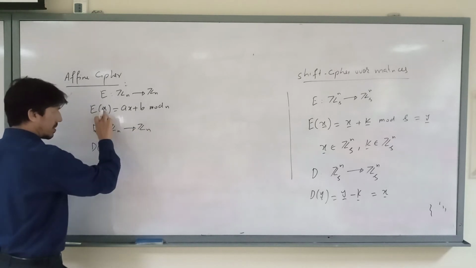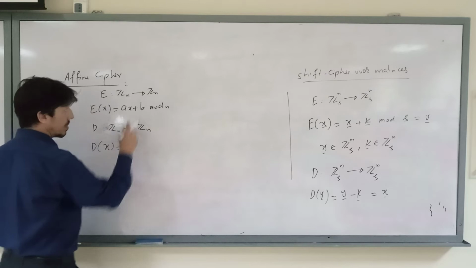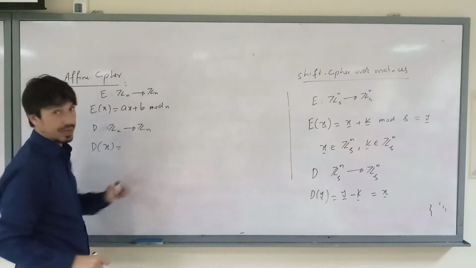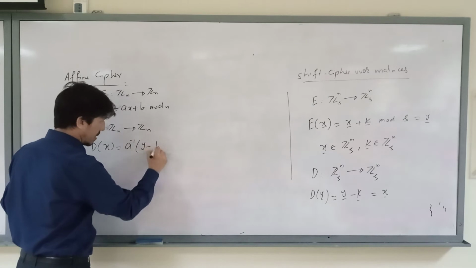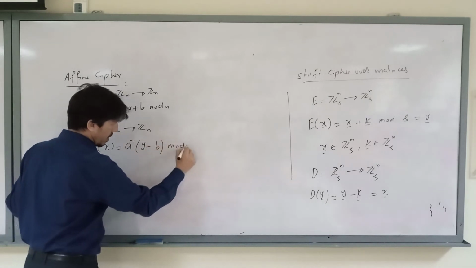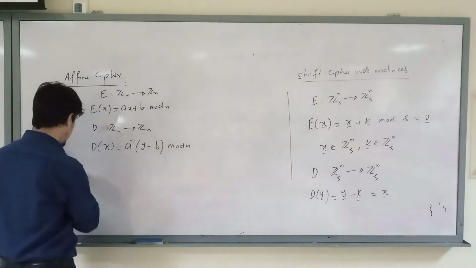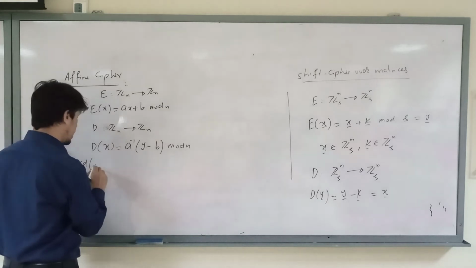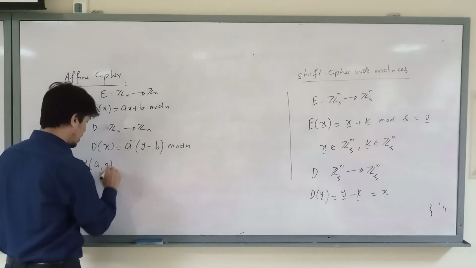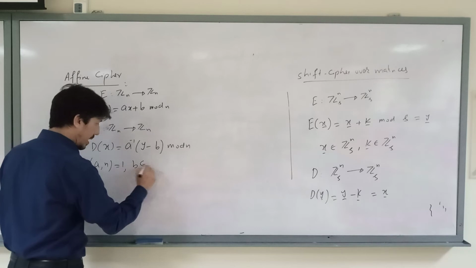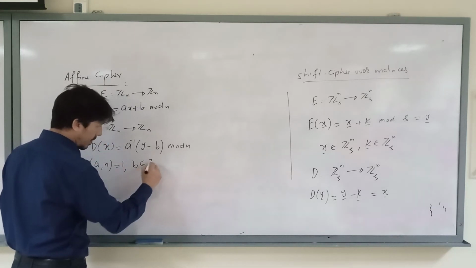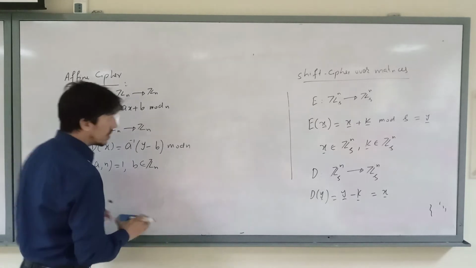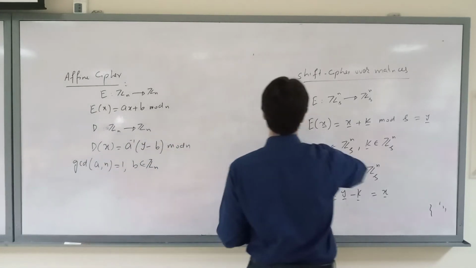I should not put x bar over here because this is a function from set to set. So it is A inverse times (y minus b) mod n. And the condition is GCD of A with n must be 1, and b is any element from Zn.